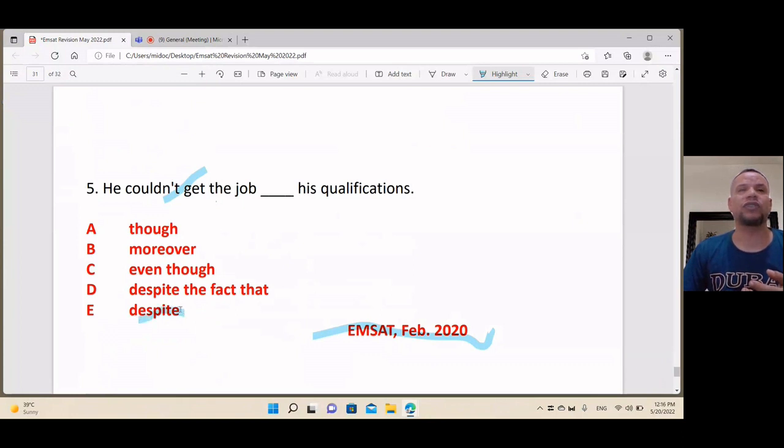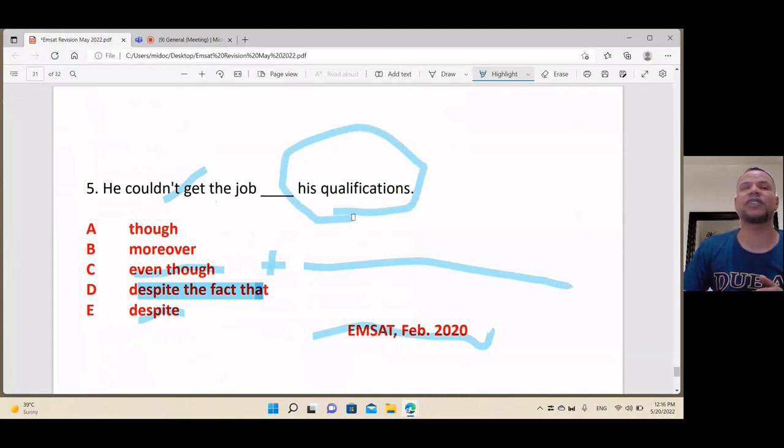If you use despite or despite the fact that, or even though, you have to follow that by a complete sentence. And we don't have a complete sentence here. We have only one word, his qualifications. So though his qualification, yes. Although means but is though. Though followed by a noun.